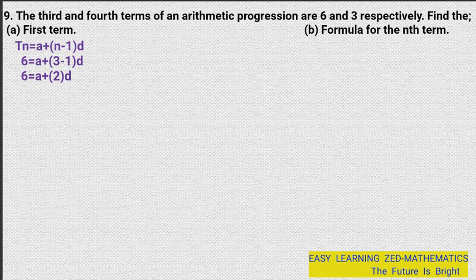So I'm going to write 6 equals A plus, then when I multiply 2 by D, it's going to give me 2D. Here, as you can see, A and 2D are not like terms, so we can't add them. So we will leave the equation just like that.